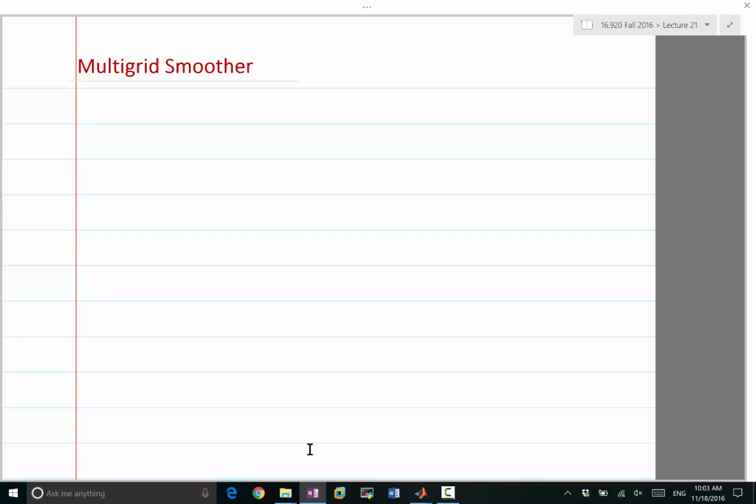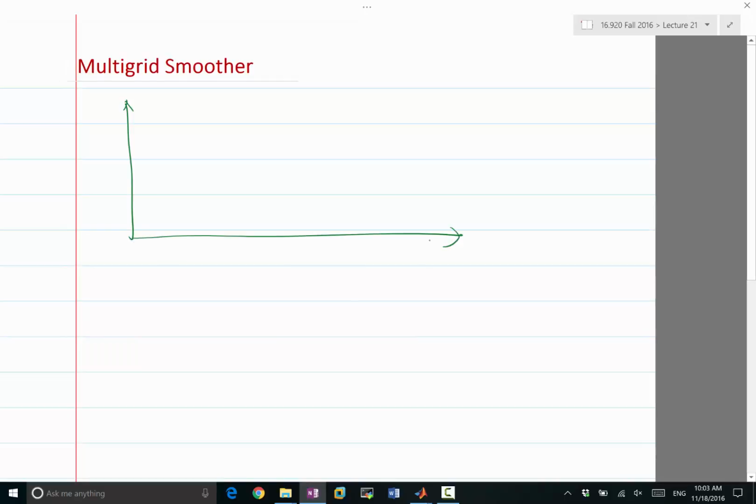What is the solution error after many iterations? It was the low frequency modes, exactly. But for Jacobi iteration, it is not only the low frequency modes that converge the slowest. There are some other modes that also converge very slowly. What do you think is that mode? So let's think in 1D.